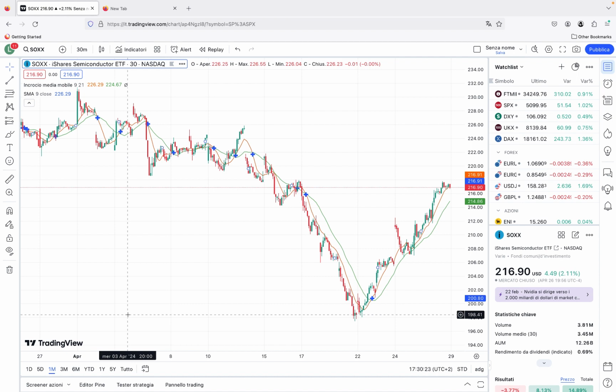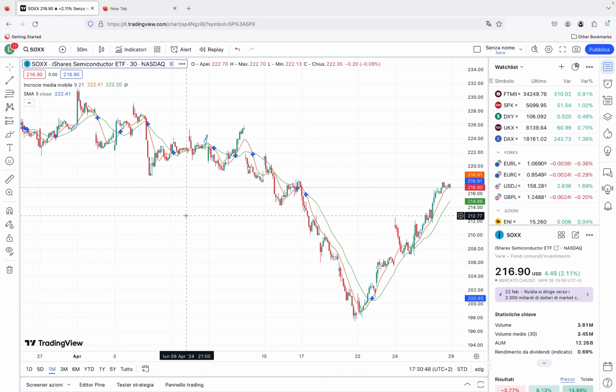It's just to understand. Let's see the downtrend. A downtrend is lower highs and lower lows, so it's a bearish sentiment and selling pressure.